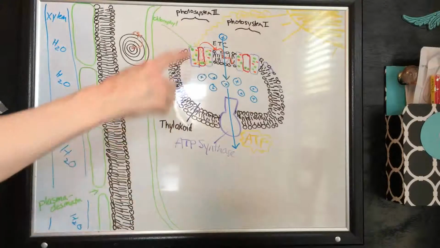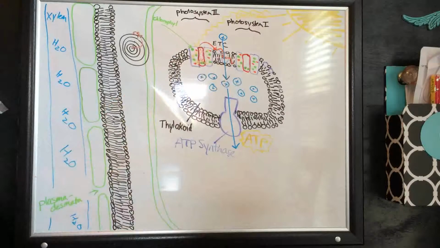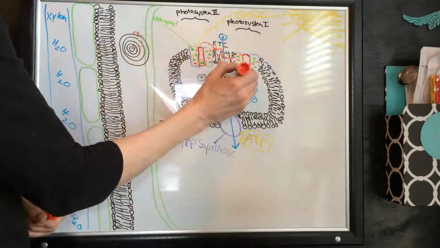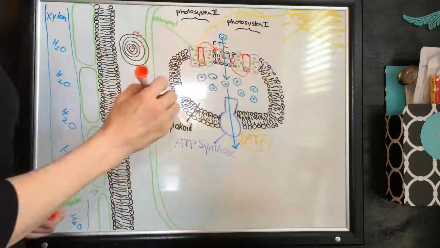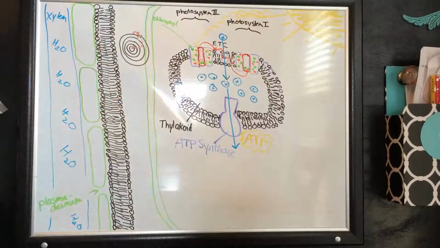All right, so going back to here, these electrons, instead of falling onto an oxygen like they do in our body, they go right back onto these two chlorophylls in the next photosystem, where the same process happens all over again. This might be a good place to pause and get caught up on your video or on your drawing.